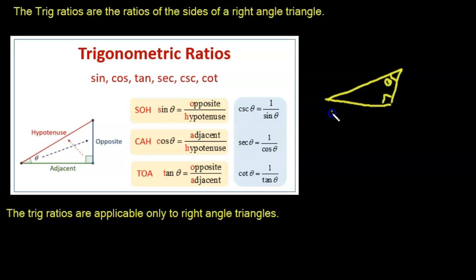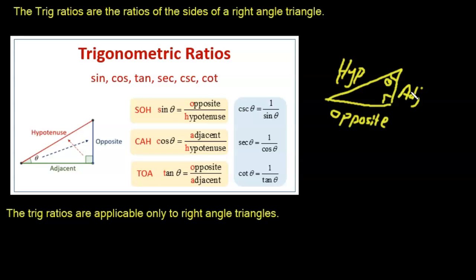This side would be the opposite side, because this side is opposite to the angle you're referring to, in this case theta. And the hypotenuse h is always the longest side. The hypotenuse is always the side that is opposite to the right angle. And of course, we're left with adjacent, the side which is adjacent to theta.